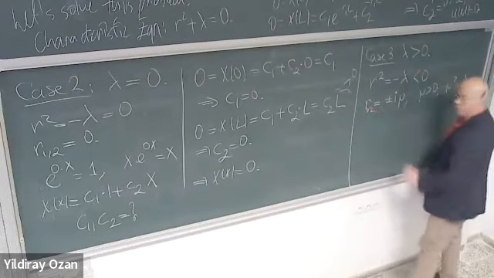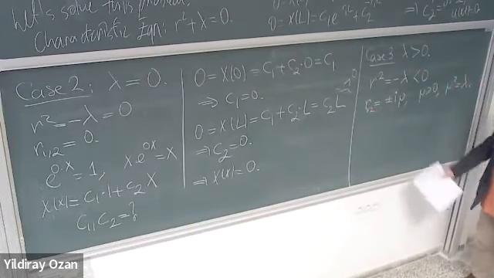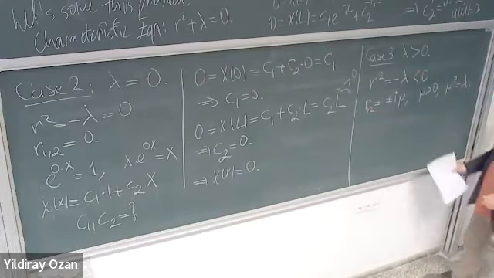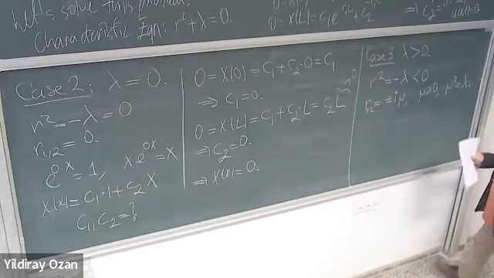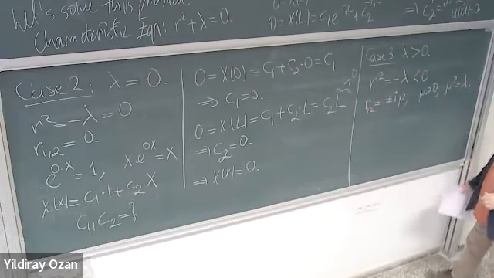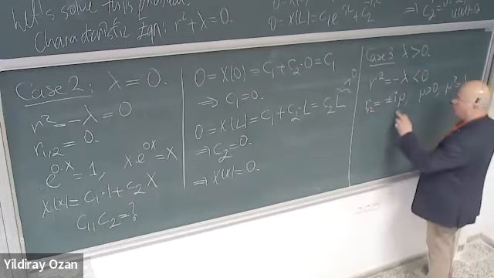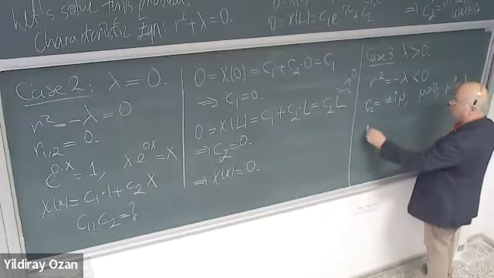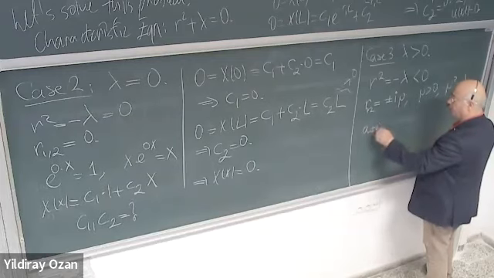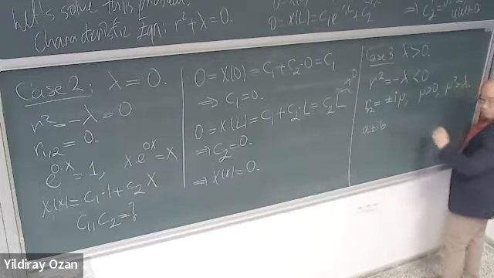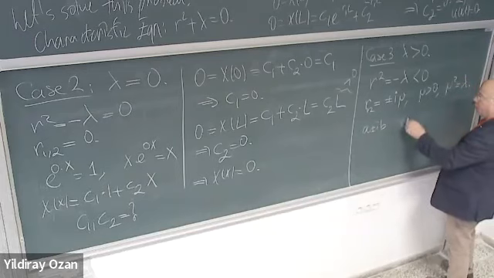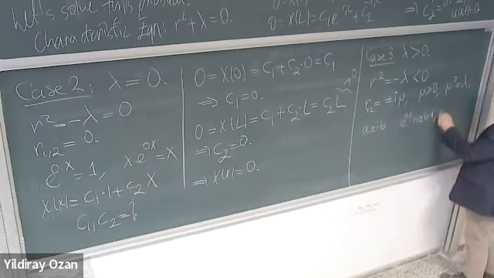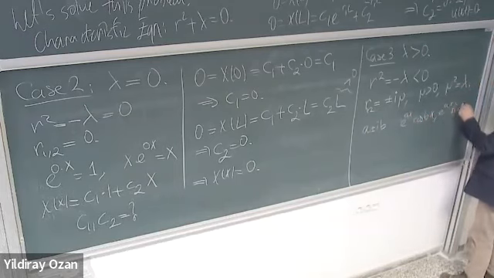Now, what are the corresponding solutions? Since these are non-real, we obtain sine and cosine, right? If I had roots like a plus minus i b, what would be the solution? It would be e to the power ax cosine bx and e to the power ax sine bx.